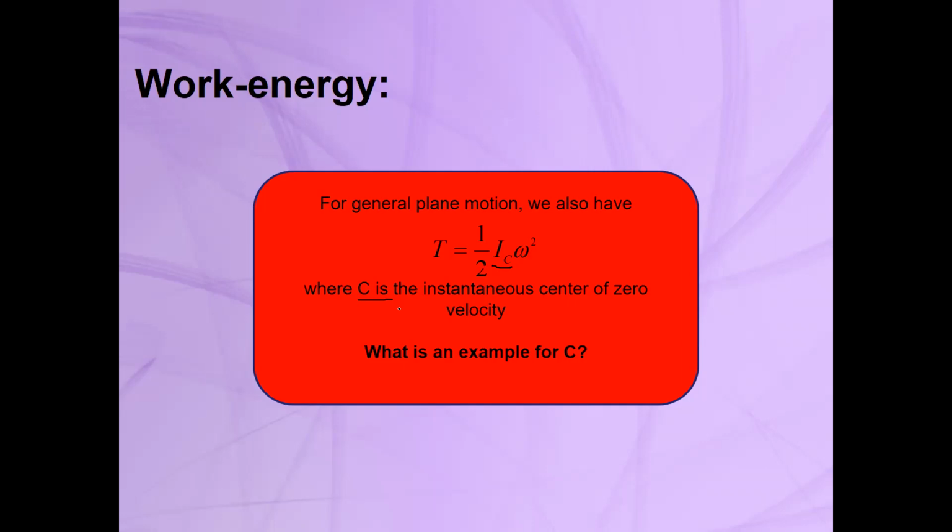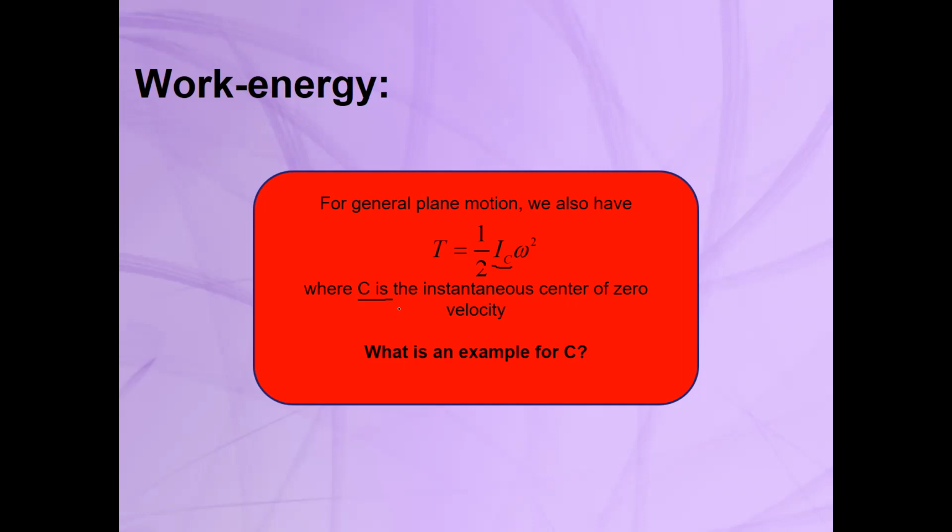I mean, in some examples, you don't need to plot those lines and you don't need the geometrical method to find the instantaneous center of zero velocity. And easily you know which point is your instantaneous center of zero velocity. So to obtain the kinetic energy, you can directly write this equation and you can find the mass moment of inertia about this point, and then you can find your results.